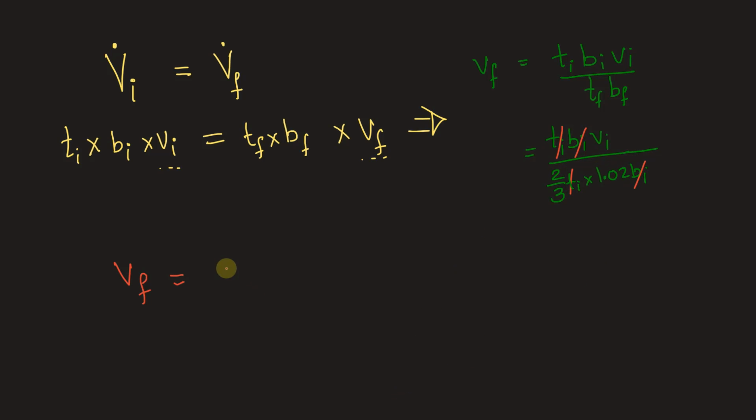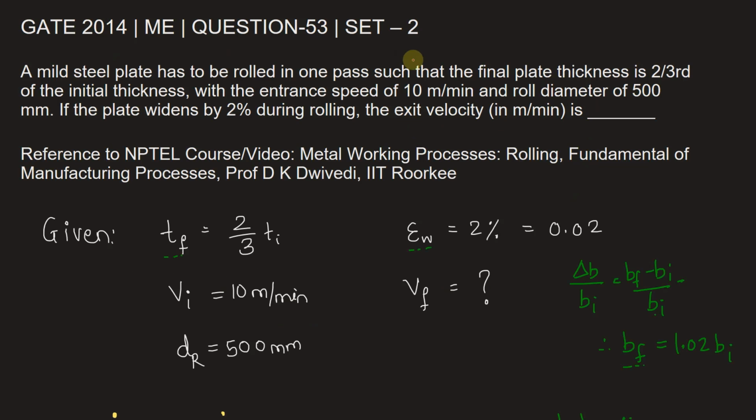It is Vi, that is 10 meter per minute, into 3 by 2 into 1.02. By putting this in the digital calculator, we can get the answer for final velocity or exit velocity as 14.705 meter per minute. Let's go back and put the correct answer. So exit velocity in meter per minute is 14.705.